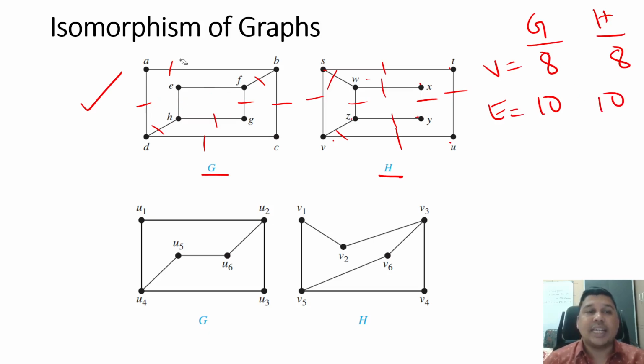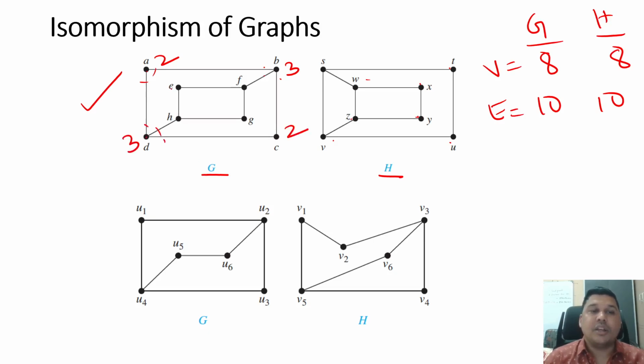Now let's find out the degree sequences of both the graphs. First find out the degrees of the vertices. For A it is 2, for B it is 3, for C it is 2, for D it is 3, for E it is 2, for F it is 3, G it is 2, H it is 3. So what will be the degree sequence here? Write down the degrees in descending order.